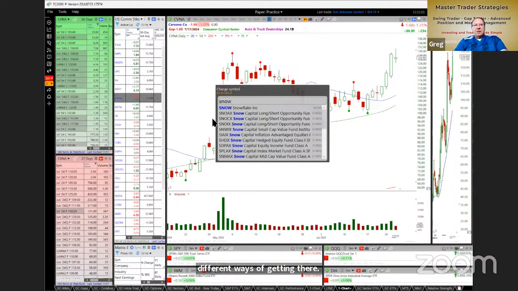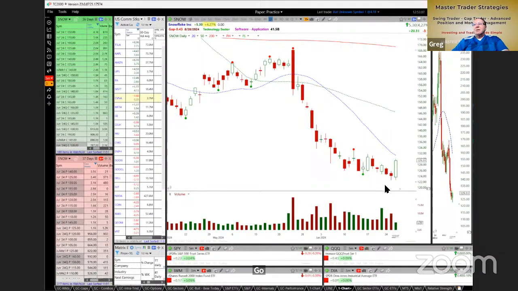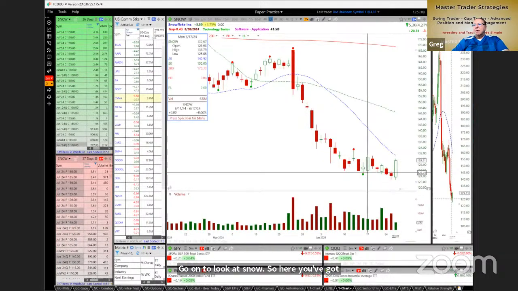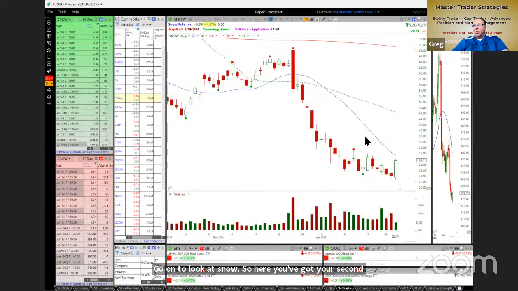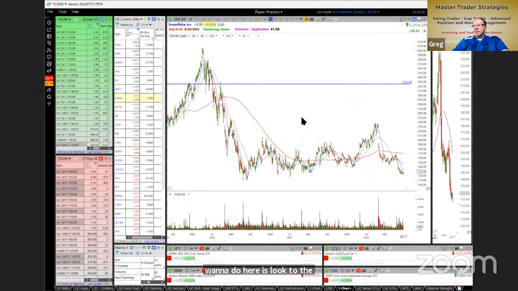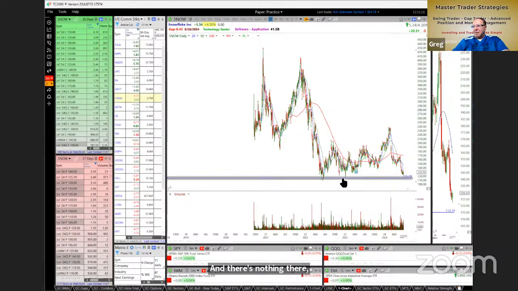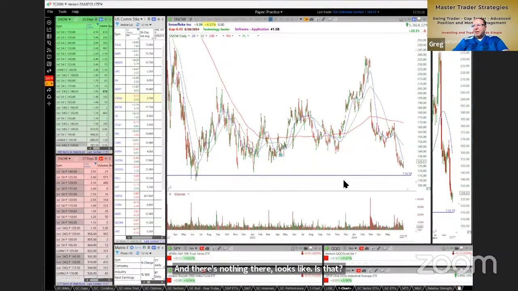I want to look at SNOW. So here you've got your second bar, right? This was a nice one, but it's still well below the moving averages. So what you want to do here is look to the left. And there's nothing there, it looks like. Okay, so you've got those lows there.